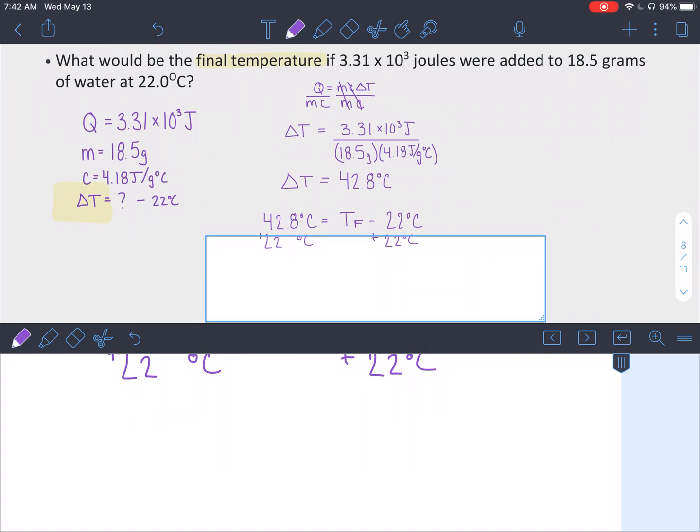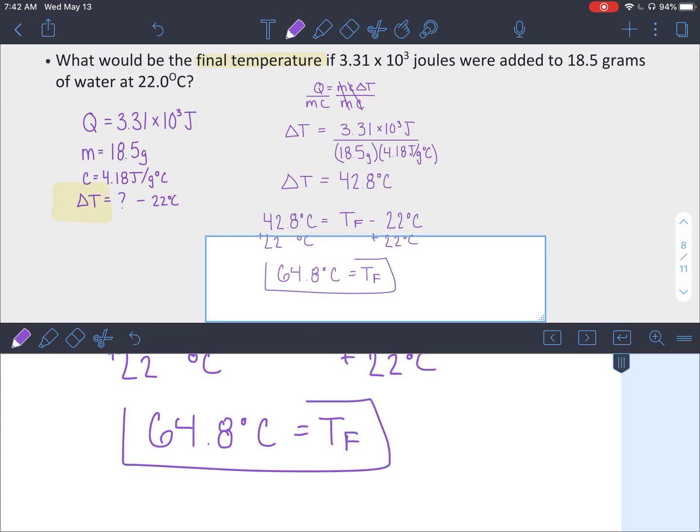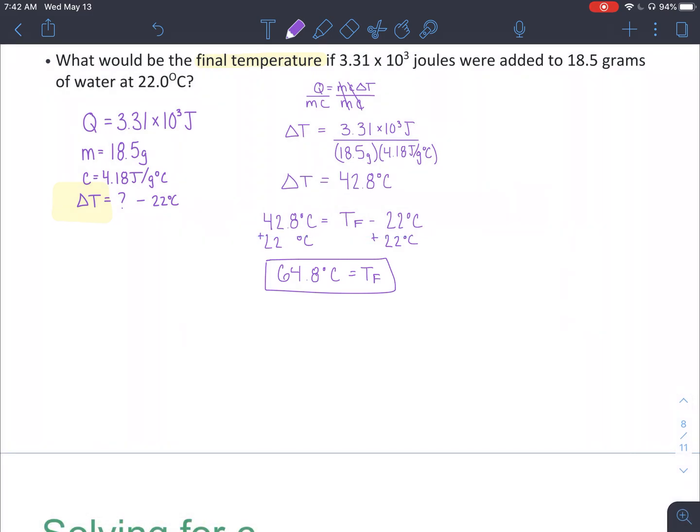So our final temperature is 64.8 degrees Celsius, and that conveniently has the correct number of sig figs. Cool.